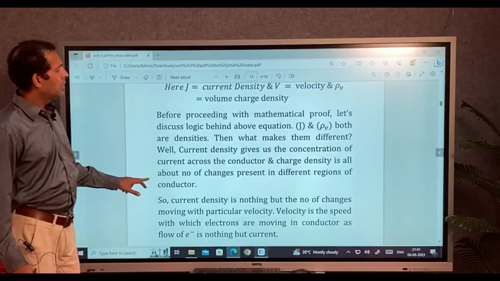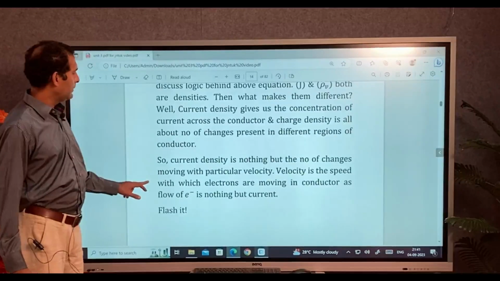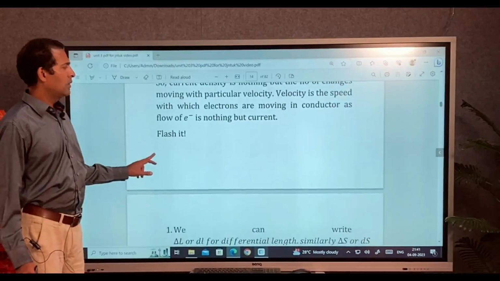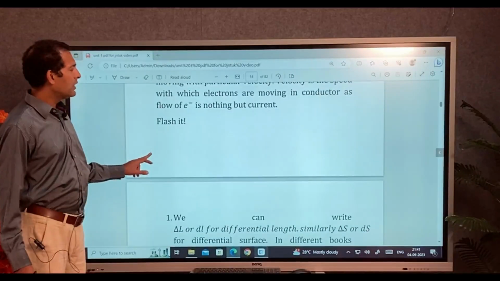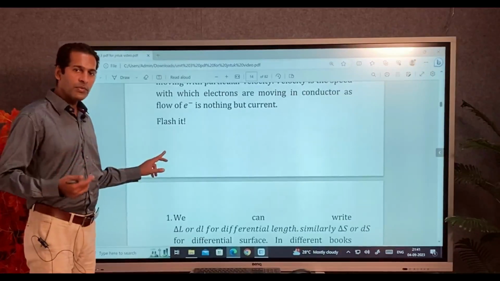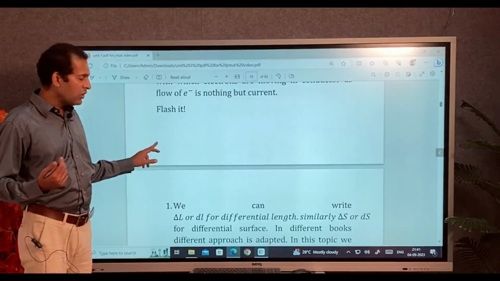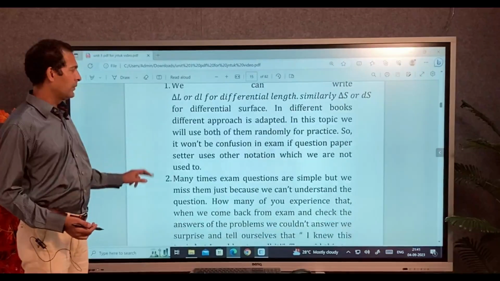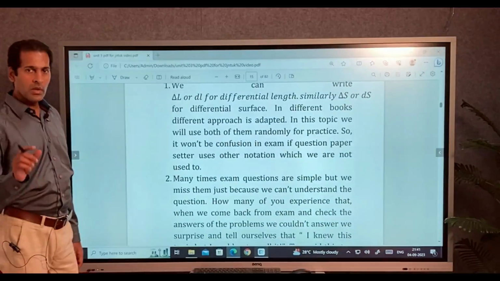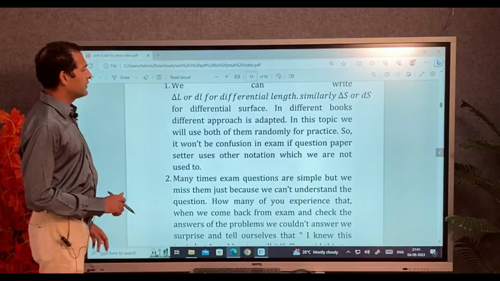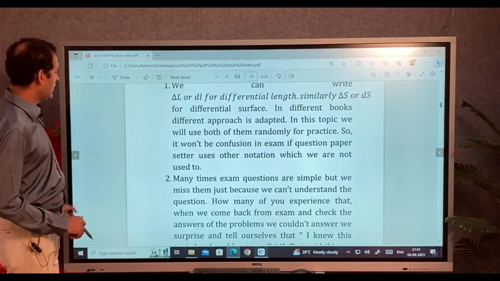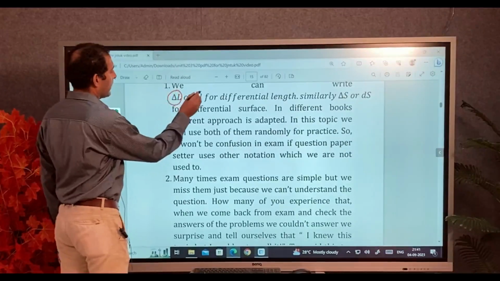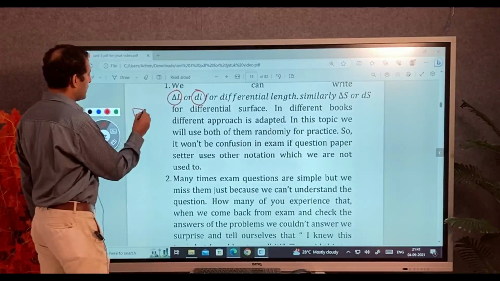So before moving to the mathematical part, let us discuss the physical appearance of them. What is velocity? Velocity is the speed. Here we are concerned with the speed of electrons, how these electrons will move. We will also come across differential length, differential surfaces. Delta L or dl we can write for the same meaning.